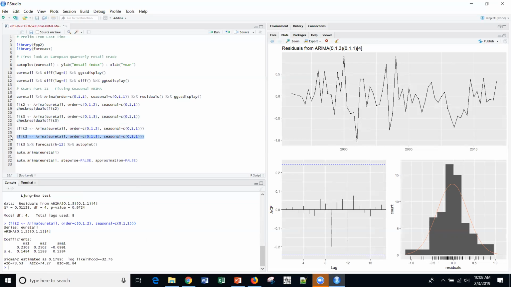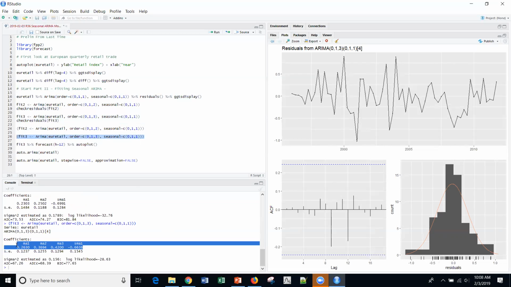So what would that corrected Akaike be for this 013011? And I see here are my parameters, my thetas, and then I can see that the corrected is 68, the raw is 67.26. So this is better.